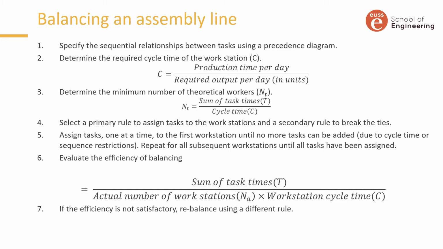So this formula gives us the efficiency of the assembly line. But if it's possible to make a change or an improvement, as you see in the seventh point, if the efficiency is not satisfactory, rebalance using a different rule. So we need to change the rule, okay, to see if the efficiency of the system will increase.